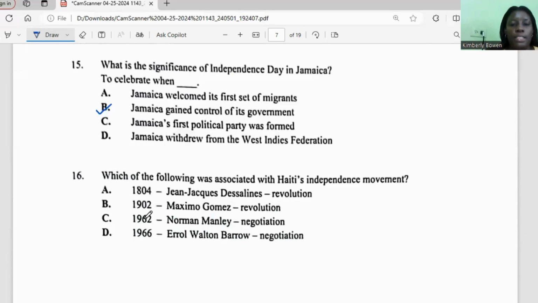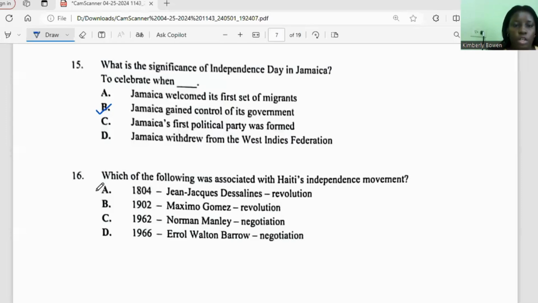In 1962, Norman Manley's negotiation. In 1966, Errol Walton Barrow negotiation. The correct answer is A. He was the emperor of Haiti, and he started the revolution.